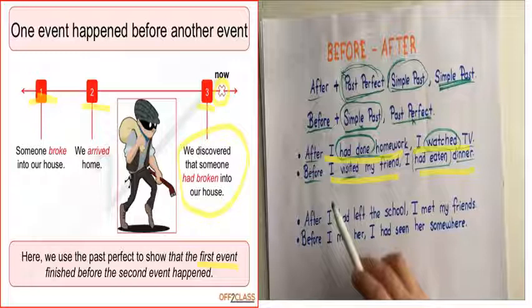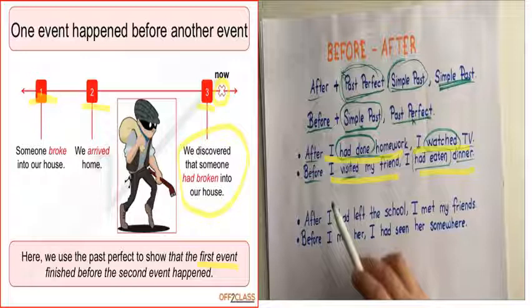Okay, and for example, look at this thief. This is the timeline. This is number one, number two, and this is the time when we are talking, or when we are saying the sentence. The first action: someone broke into our house.